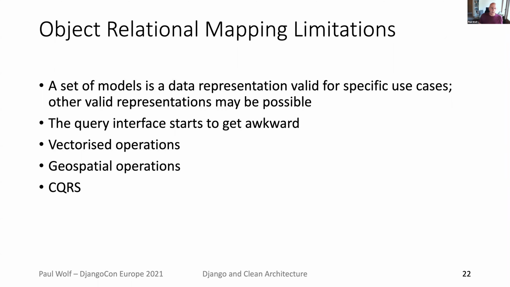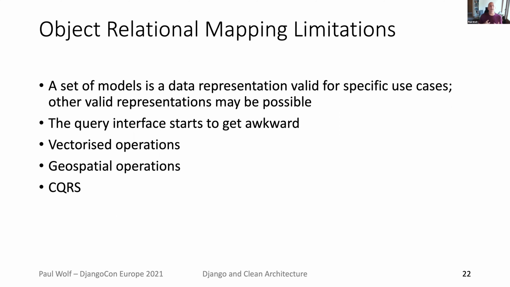So there are also additional limitations to the ORM, and this would go for most ORMs, not just Django's. It's a little bit difficult maybe to explain without a lot of examples.